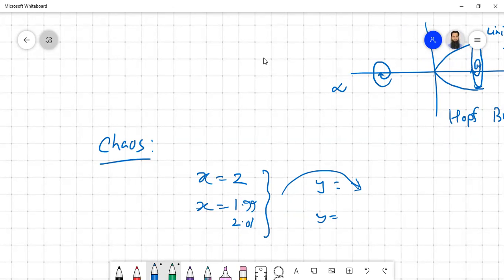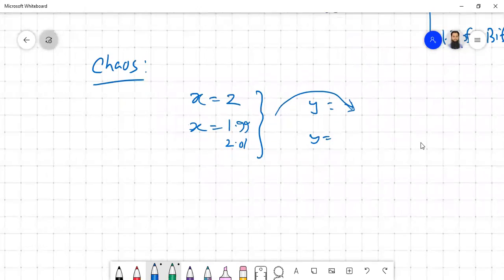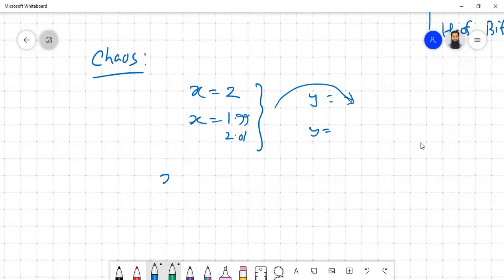One example of chaos, a mathematical example given in the book, is this equation: x double dot plus 0.1 x dot plus x to the power 5 equals 6 sine t. So this is your input, a sinusoidal input.